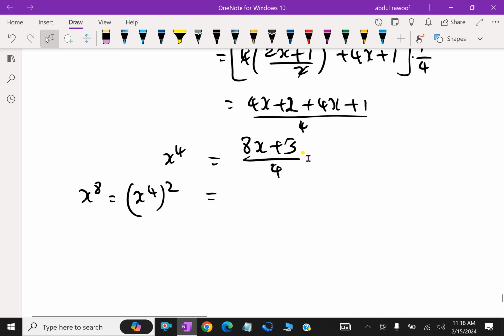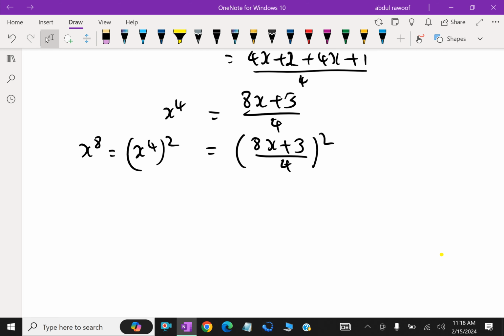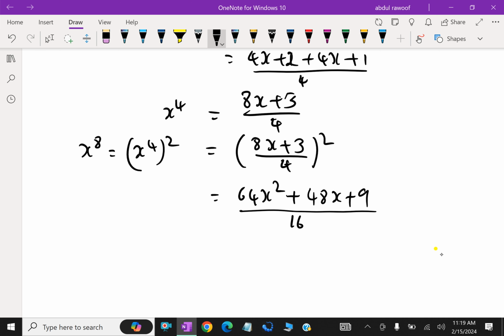That means squaring this, ((8x plus 3) over 4) squared, which is equal to (64x squared plus 2 into 8 into 3, that is 48x, plus 9) over 4 squared, which is 16.